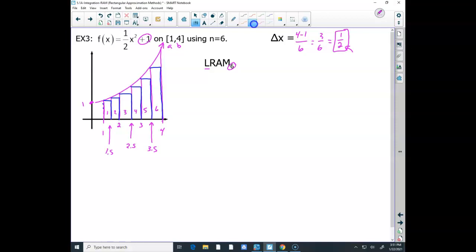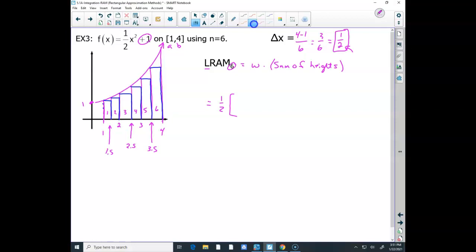Okay. So my left RAM, remember, is going to equal width times sum of heights. What is my width? 1/2 times. What are my heights? Well, track it. There it is. It's the left endpoint of each interval.